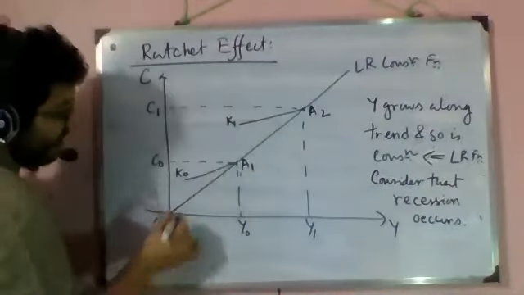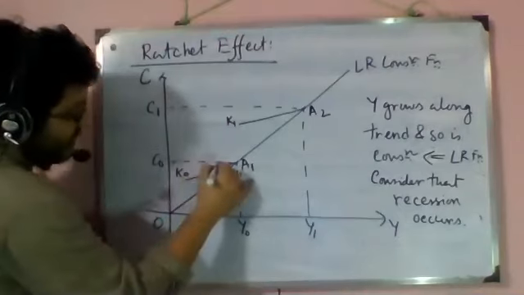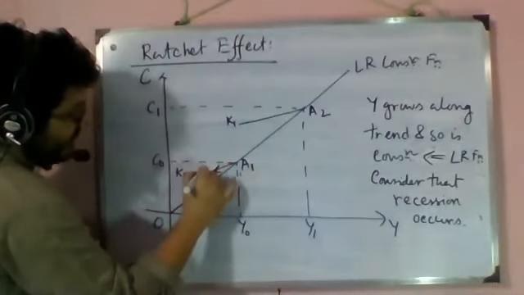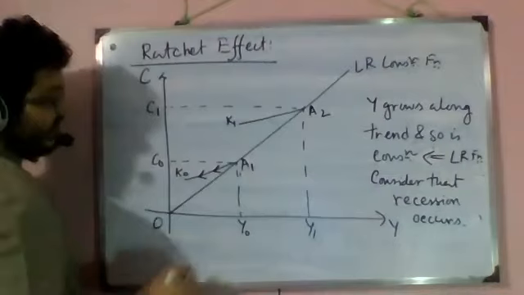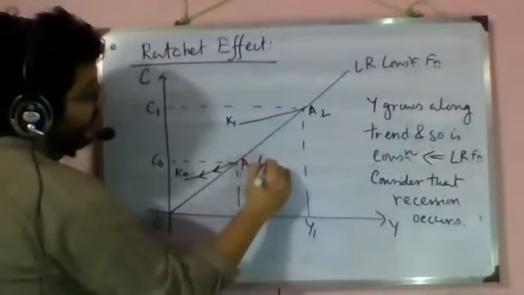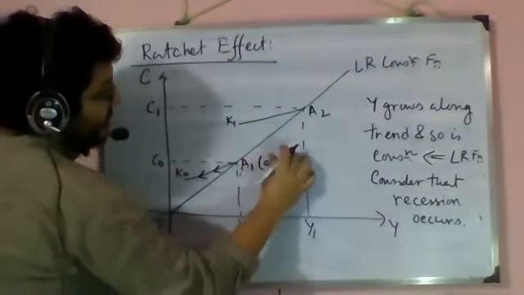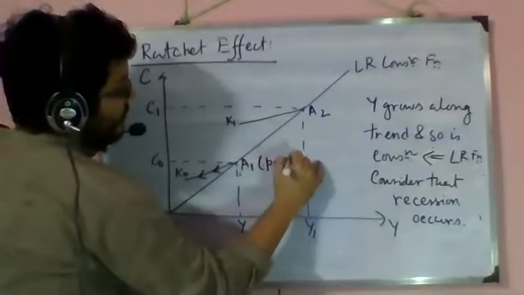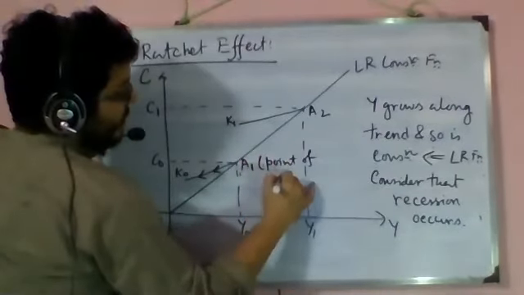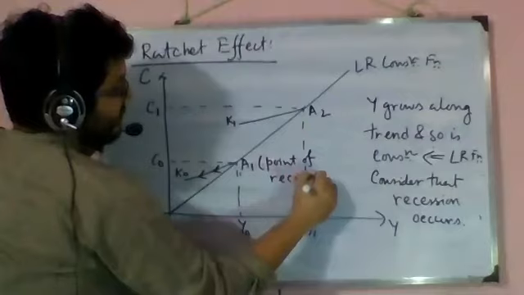So consumption will reduce along this line. In A1, we have considered a recession, so this may be written as point of a recession.